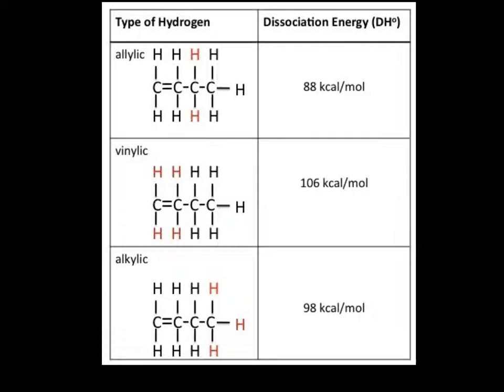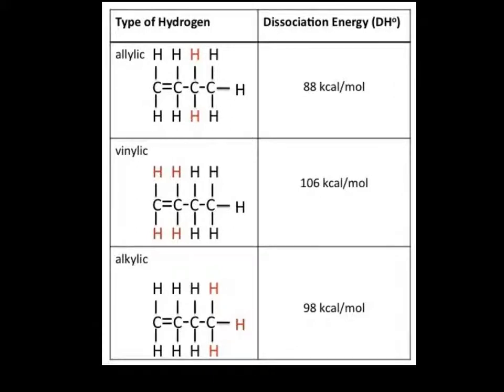Okay, well, why substitution of allylic hydrogens? Toby? Well, that brings us to one of our main topics of organic chemistry, resonance. The dissociation energy of an allylic C-H bond is lower than the dissociation energy for C-H bonds at other positions. This is because the radical formed when the allylic hydrogen is removed is stabilized due to resonance.